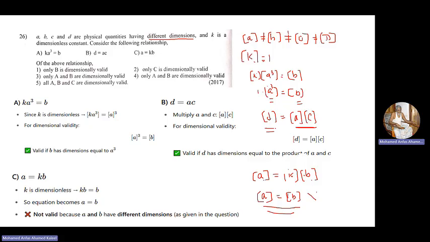So this is false. A and B can be valid, but C cannot be. The answer is A and B. C is not even dimensionally valid.